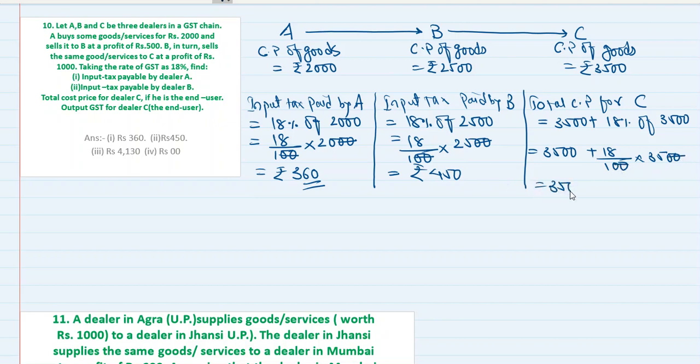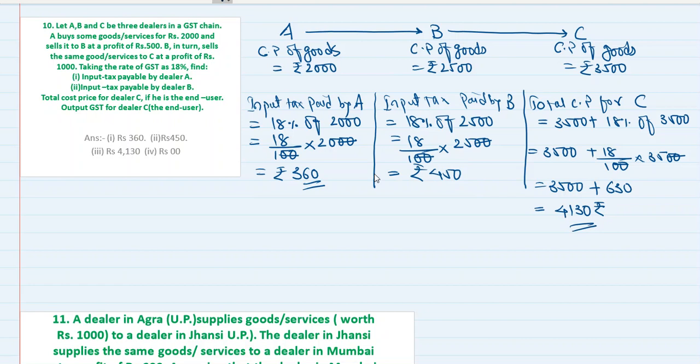So 3500 plus 18 multiplied by 35. 18 multiplied by 35 is 630. So we have 4130. This is the total cost price for C, including the tax paid by him.